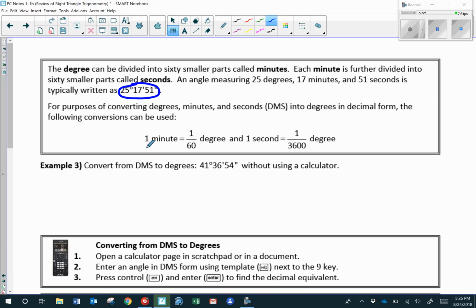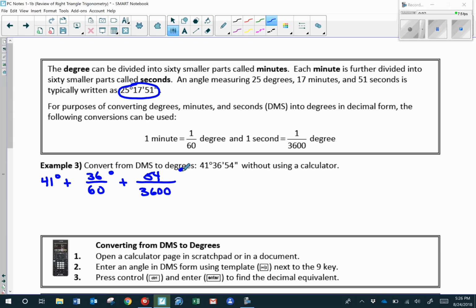So to convert from DMS to degrees, we have 41 degrees plus 36/60ths of a degree. 36 minutes is 36/60ths of a degree. And then we have additionally 54/3600ths of a degree.